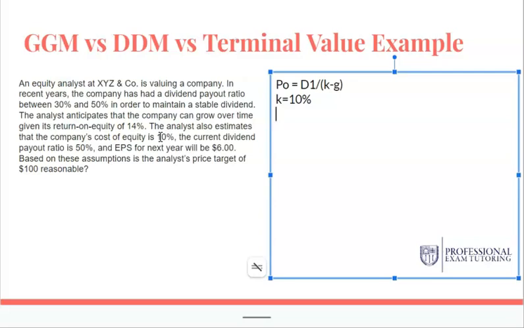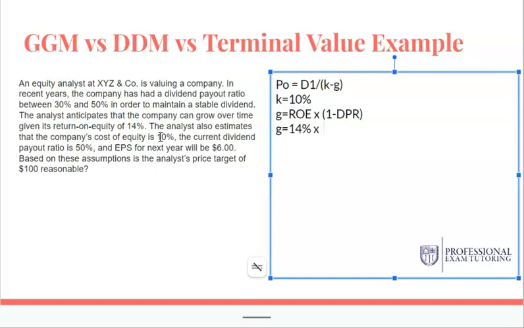For anyone that's been through this exam or practice questions a number of times, you'll know that there's a shortcut in order to calculate G, which is sometimes also referred to as internal growth. The internal growth of a company is its return on equity times 1 minus the dividend payout ratio. In this case, calculating growth would be based off of the ROE they give us of 14%.